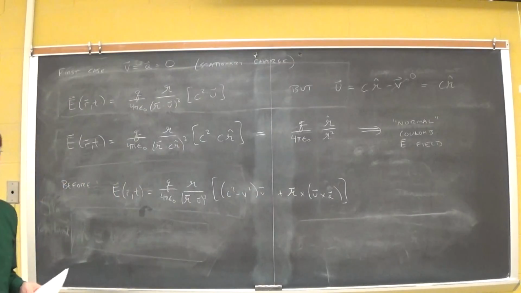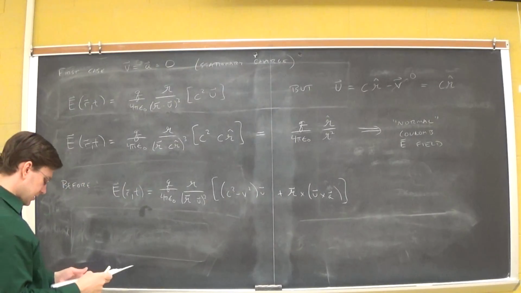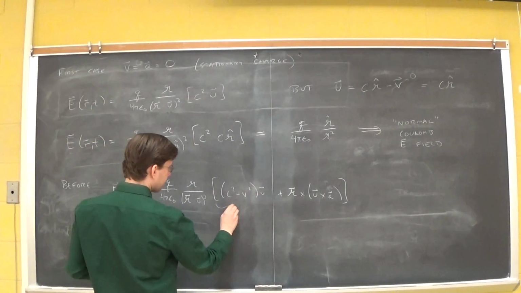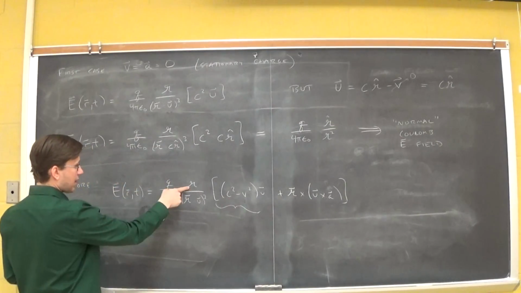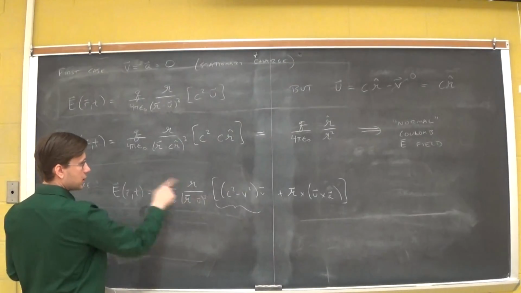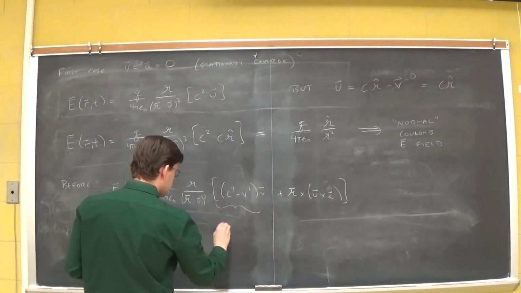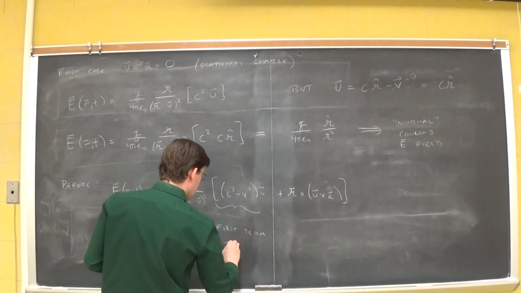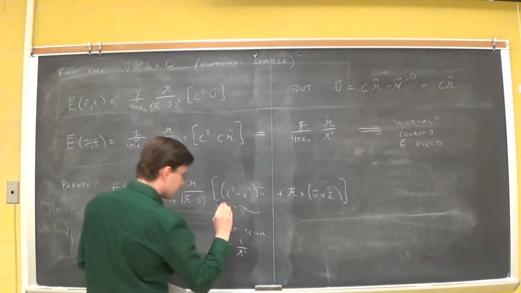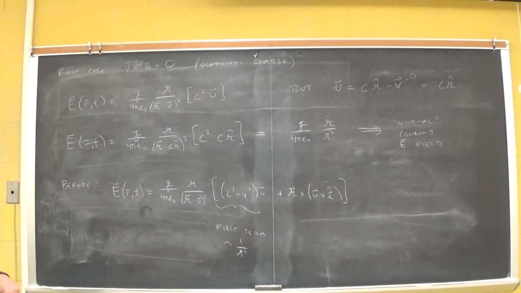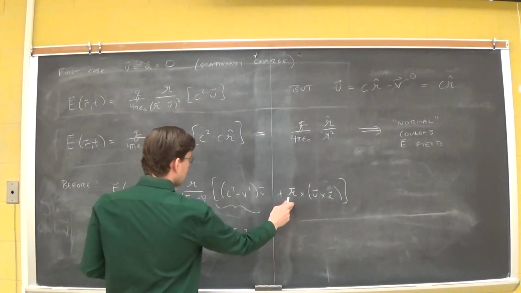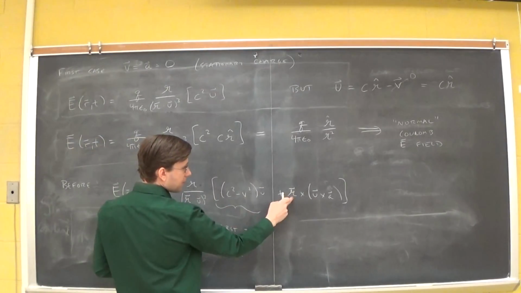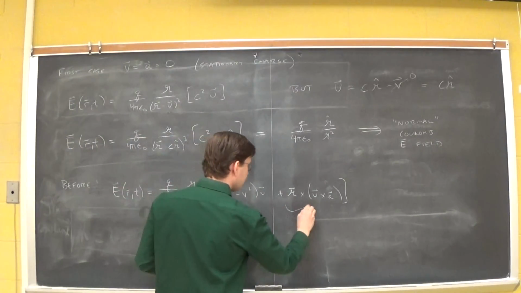As my aside, what I really want to point out in this electric field is that this first term, if you look at its prefactors, has an R in the numerator and an R cubed in the denominator. So the first term goes like 1 over curly R squared. Now the second term, we have an R over R cubed, but then we have another factor of R in the numerator.